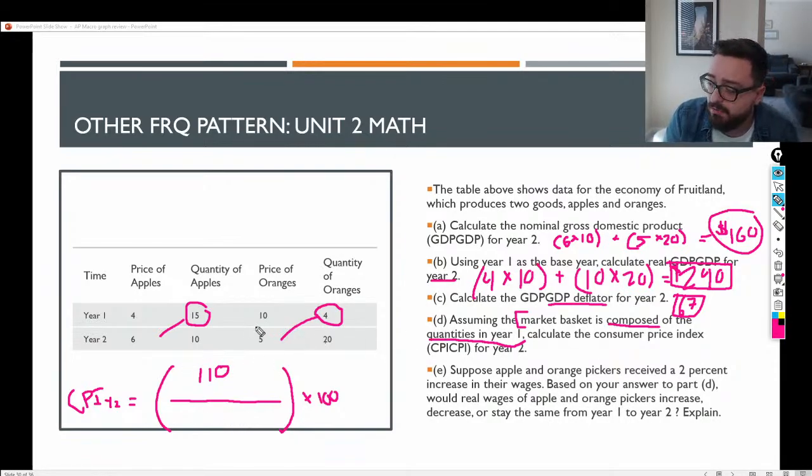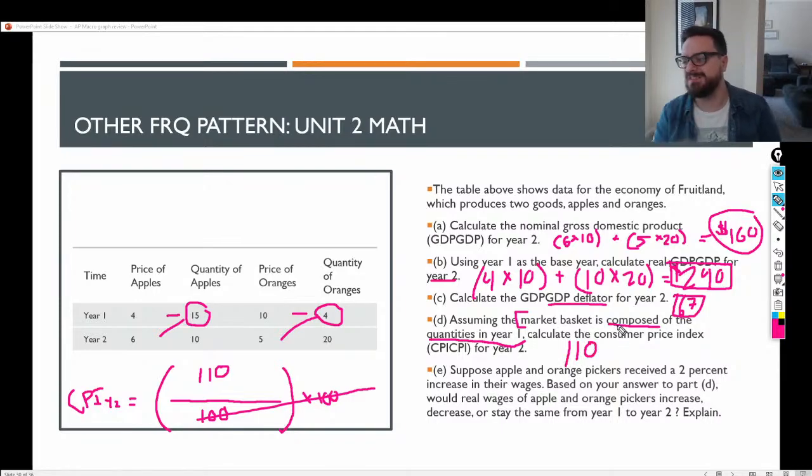And then in year 1, four times 15 is 60. 10 times 4 is 40. Oh, bang. The CPI is 110. The CPI would have been 110 because the price of the market basket in year 2 was 110. I did 6 times 15 plus 5 times 4 to find the total price of the market basket. And the price of the market basket in the base year, 4 times 15, 10 times 4, it's 100. So it's canceled out. 110.